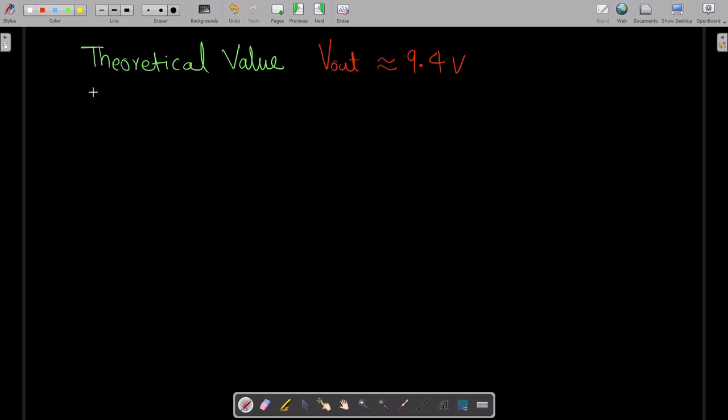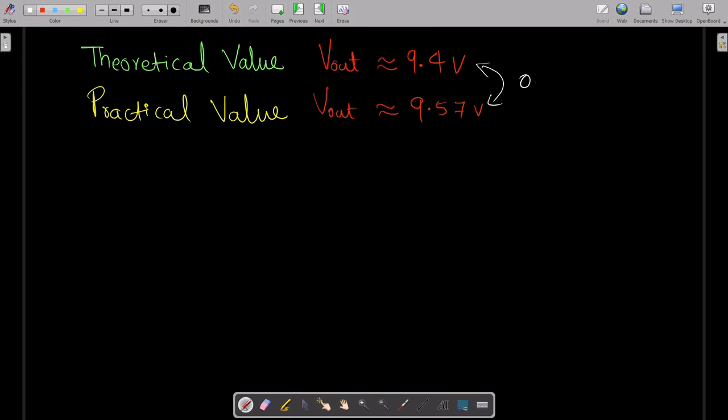Similarly, the practical value for V out is around 9.57 volts. So roughly the difference is around 0.17 volts, which is quite okay for this particular thing.